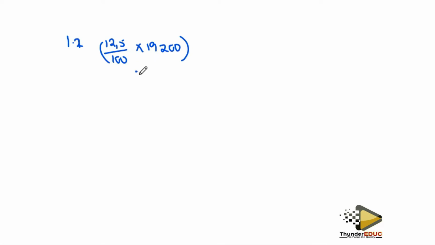But remember, the money is going to the bank for 36 months. We have to turn this into years. So it becomes 3 years. So we multiply the interest by 3 years.